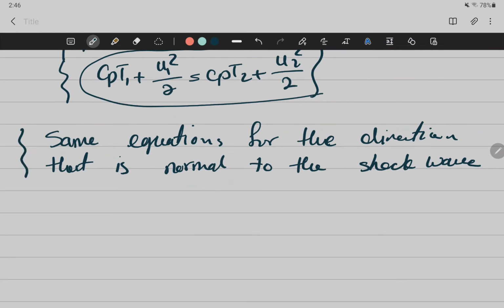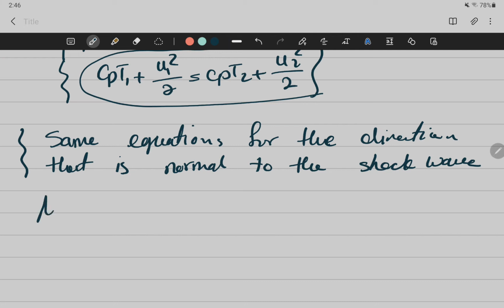What does it mean? It means that as long as we are finding the normal component of the velocity or the Mach number, we can actually use the normal shock wave tables. Right? That's it. So the only thing we really need to do here is to find the normal components.